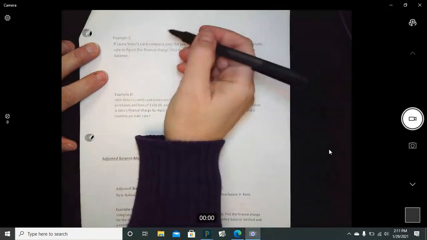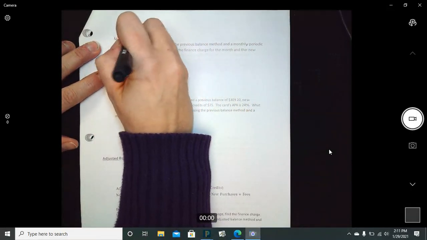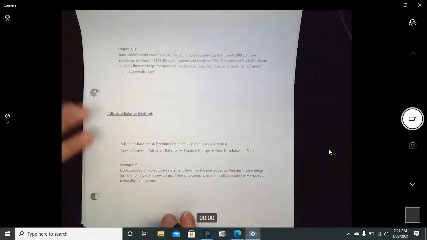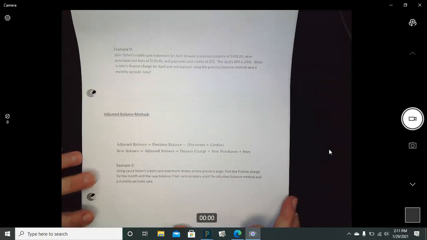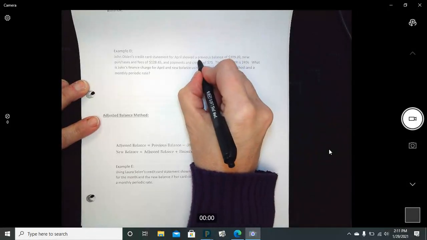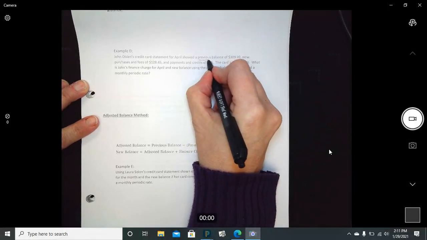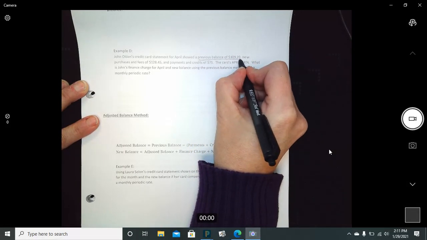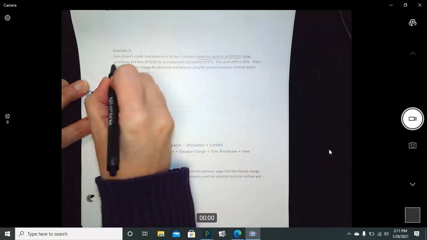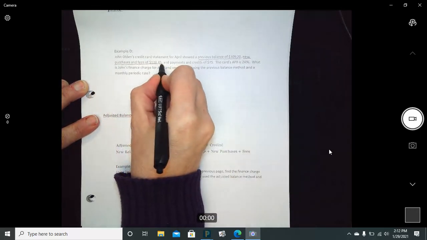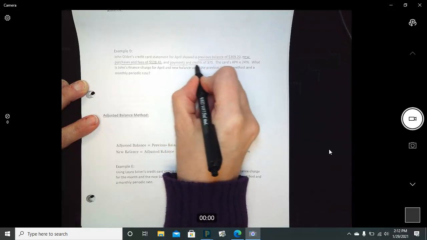I'm going to skip C for now, and I'm going to take a look at D. Again, I'm going to underline things: previous balance, new purchases and fees, payments and credits.